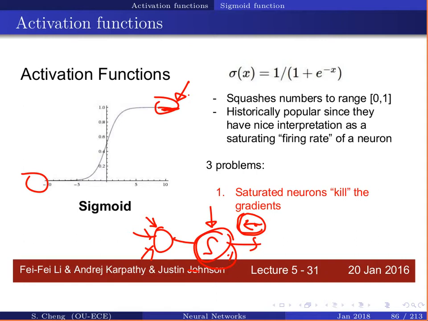If your derivative is 0, then you can never learn, because you rely on the derivative to train your model, to find the optimum. You're just going down the gradient, right? If your gradient is 0, then you cannot change your parameters at all.